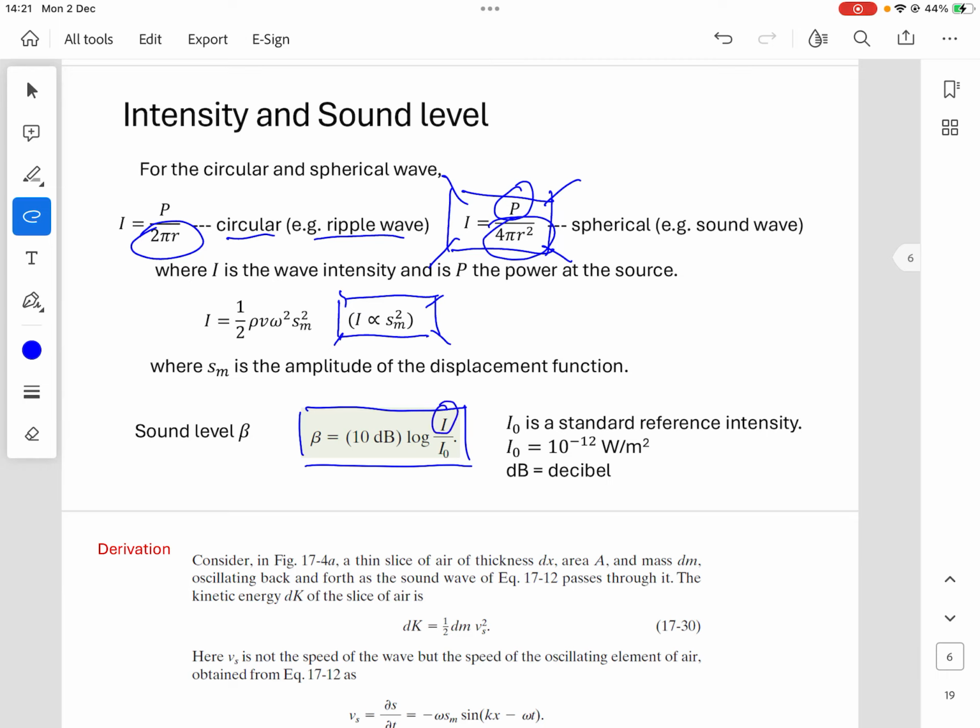Sound level equals 10 decibel, this has a unit of decibel, all right? 10 decibel multiplied by log of intensity divided by I0. What is I0? We call it the standard reference intensity.